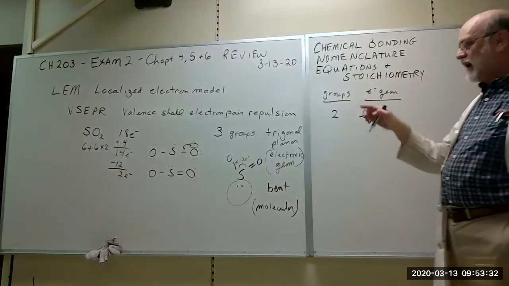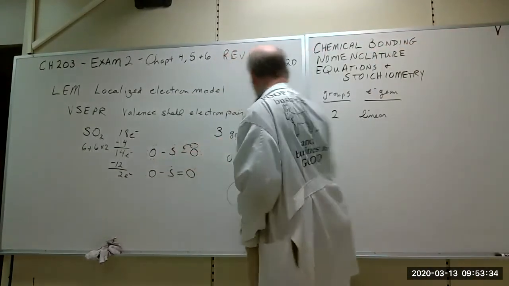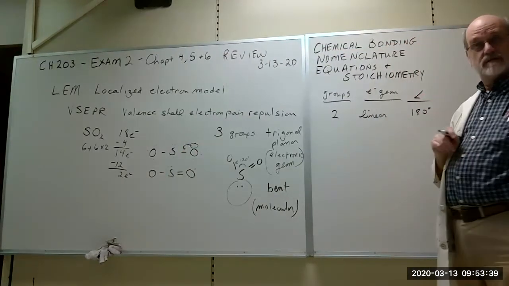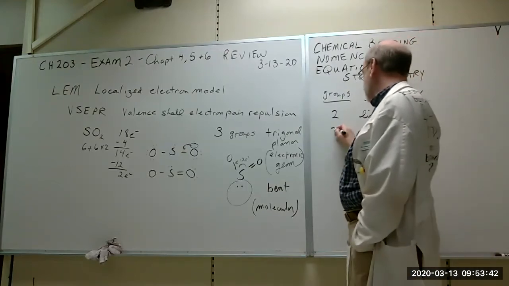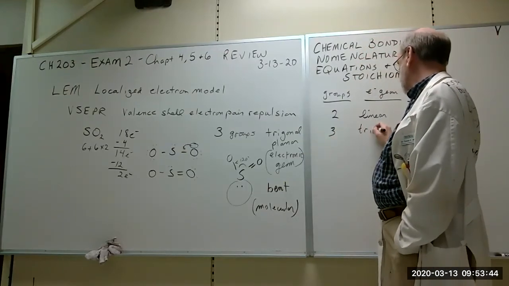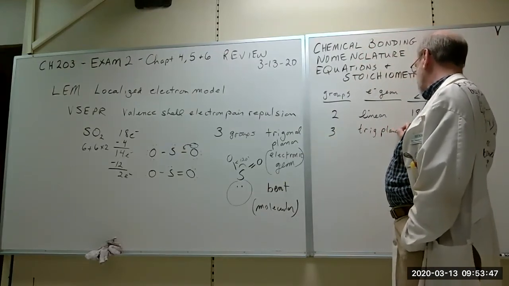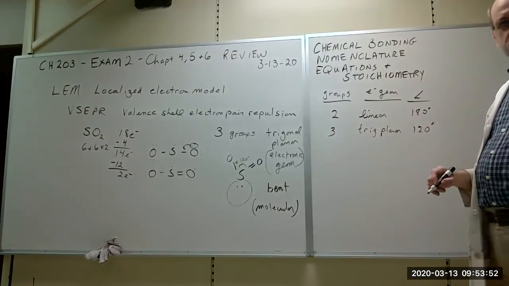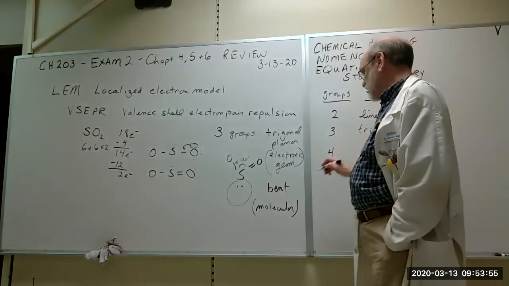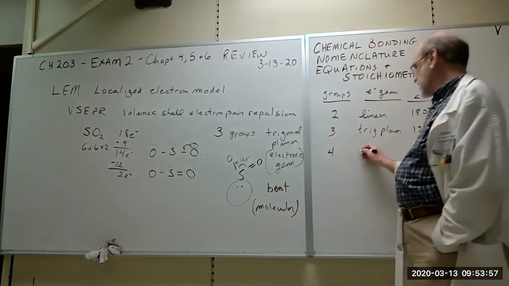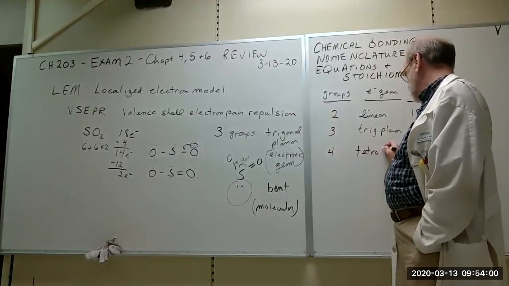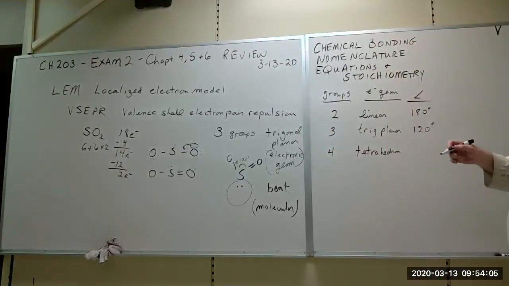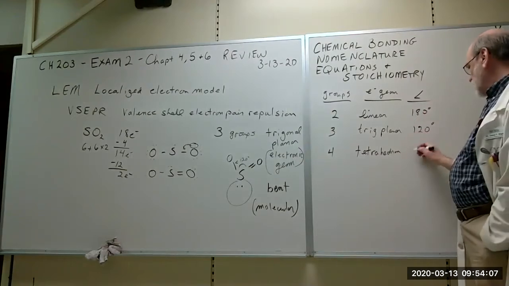And what's the angle of the bond? The angle of the bond over here would be 180 degrees. Okay? If you have three groups, we just did that one. Trigonal planar, and the angle would be 120 degrees. We have four groups. We did that one earlier. That's a tetrahedron. Now this one you just have to memorize. The bond angles inside a tetrahedron are 109.5 degrees.